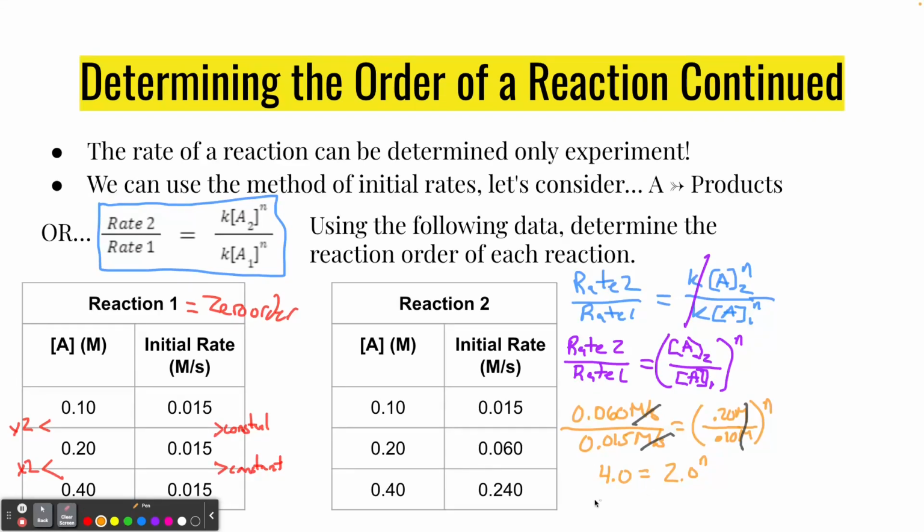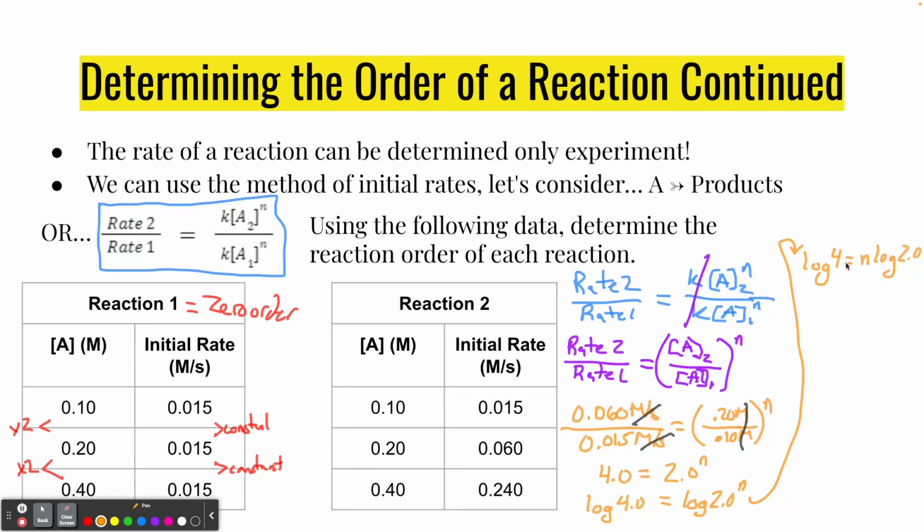Now I'm going to take the log of both sides in order to solve for n. So the log of 4 is equal to the log of 2 to the n power. Now using my trick with exponents, I'm going to rewrite this as the log of 4 is equal to n times the log of 2.